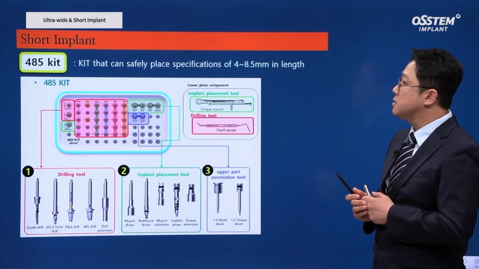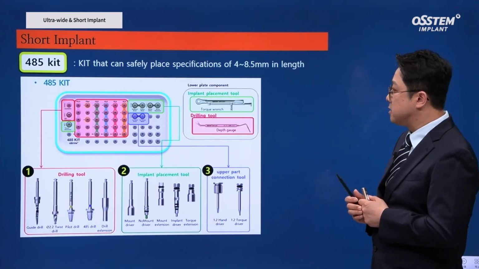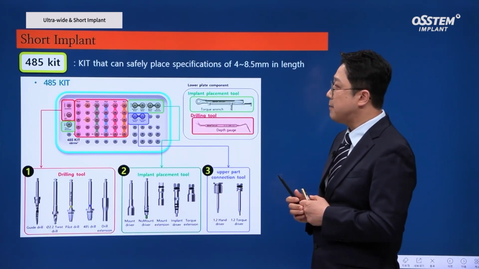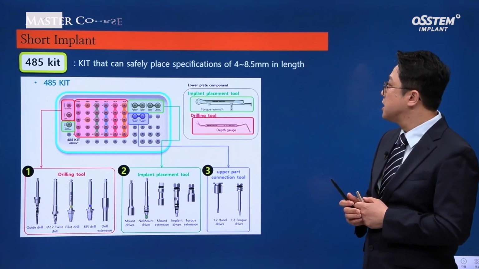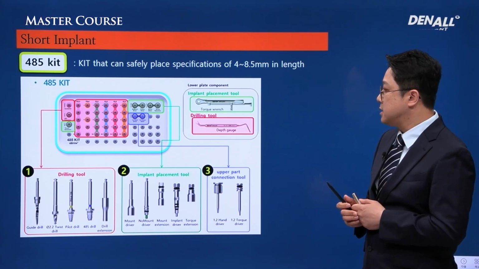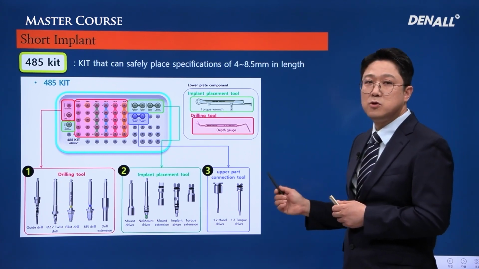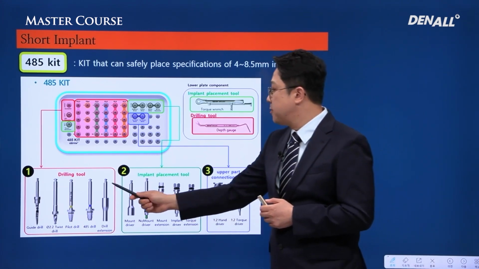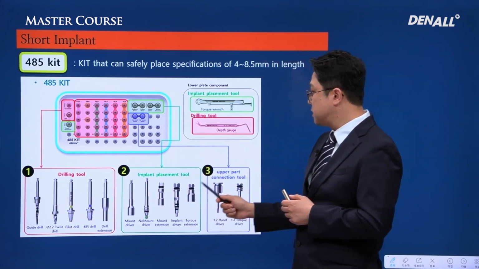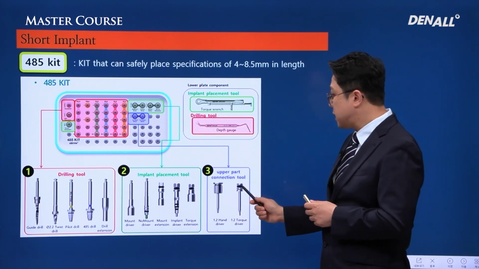In order to utilize short implants in surgery, there's a dedicated kit called the 485 kit. The kit allows for safe placement of implants ranging from 4 mm to 8.5 mm. The kit is largely divided into 3: drilling tool, implant placement tool, and upper part connection tool.